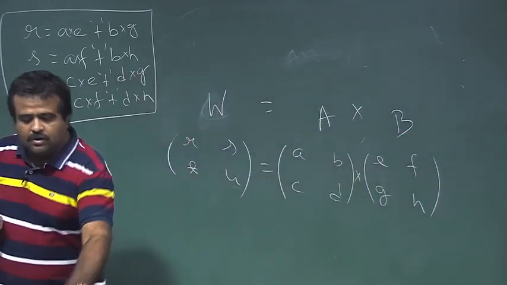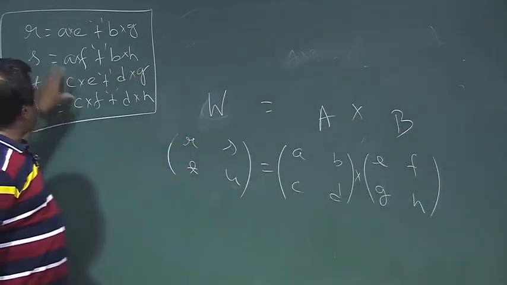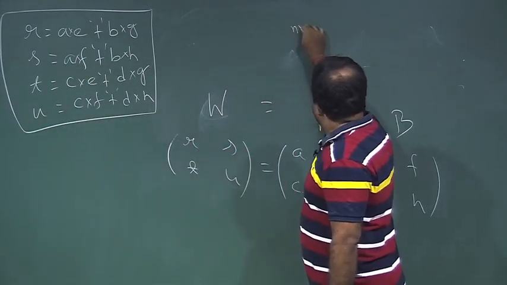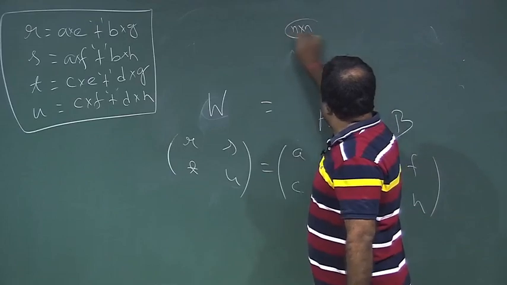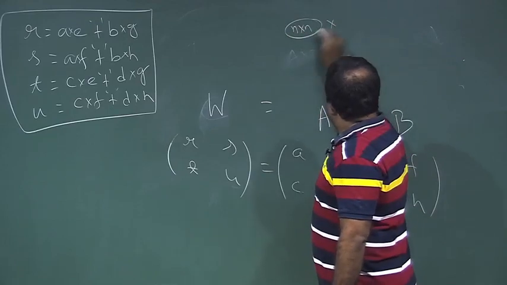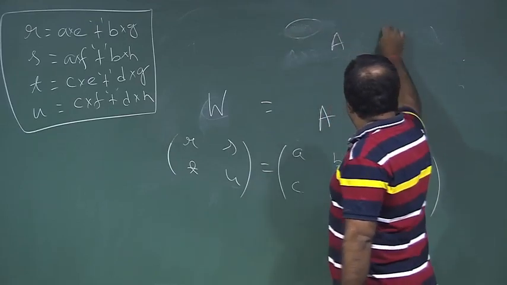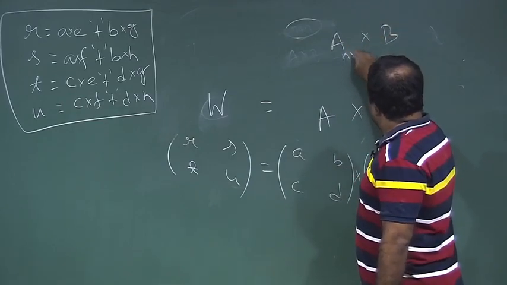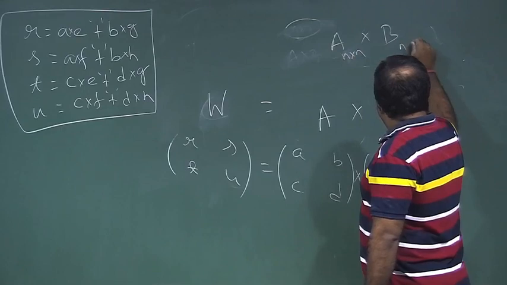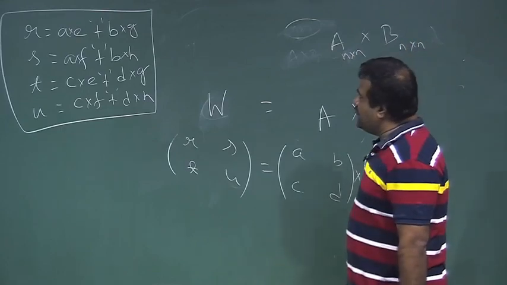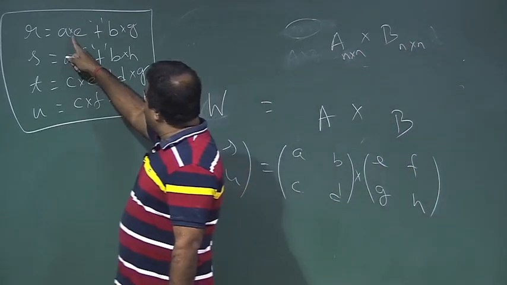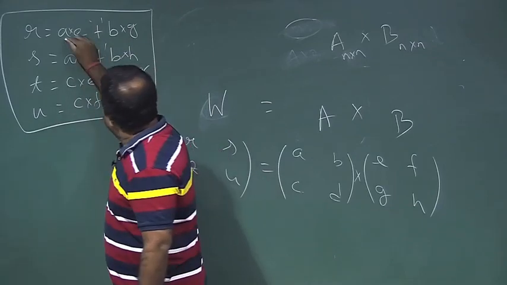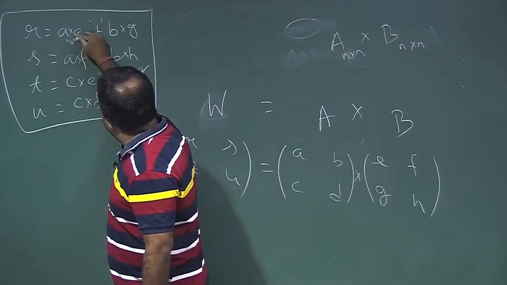Earlier we had to multiply a matrix A and a matrix B, each of size n cross n. Now these are all matrix multiplications, but of lesser size, n by 2 cross n by 2.